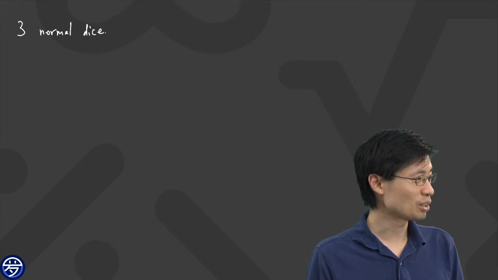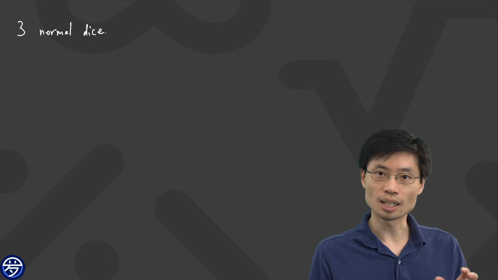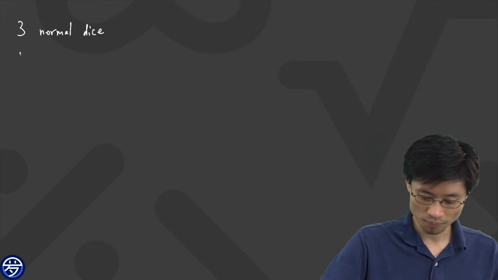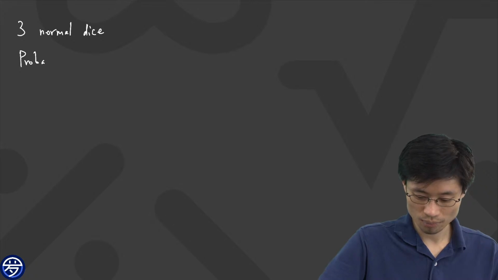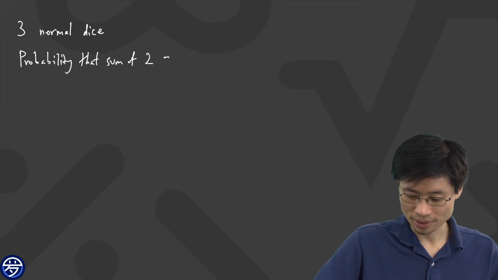And you're going to roll them. And you want to know what's the probability that the sum of 2 of the dice equals the third. Sum of 2 equals the third.